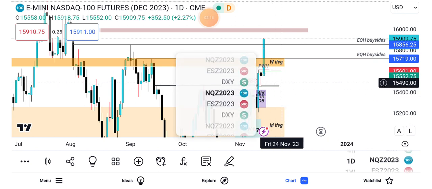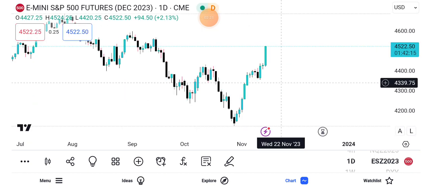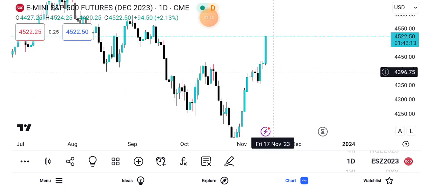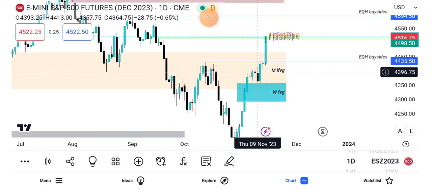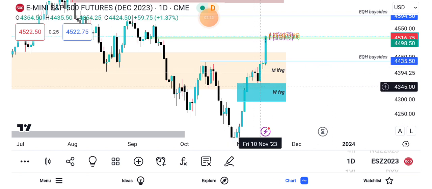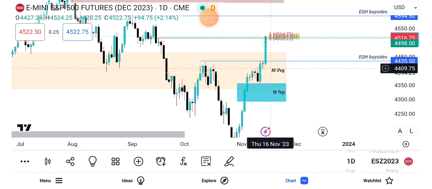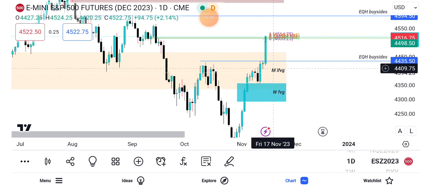But on ES, I spotted yesterday's low and Thursday's high. There was no fair value gap. So for me, this was a signal showing me higher prices.